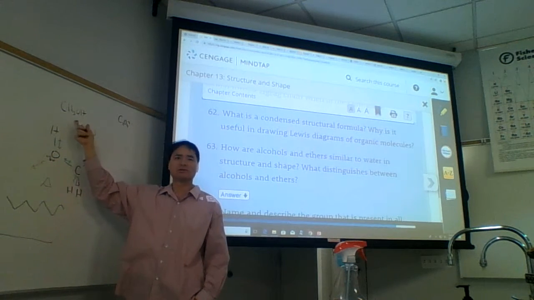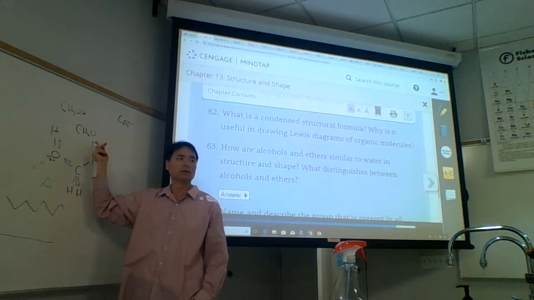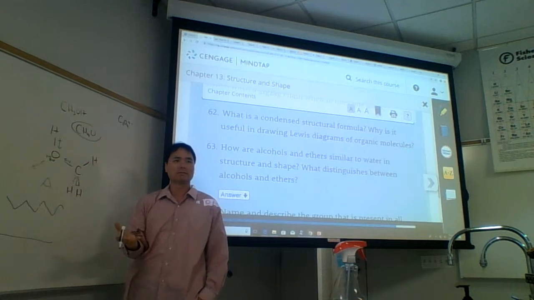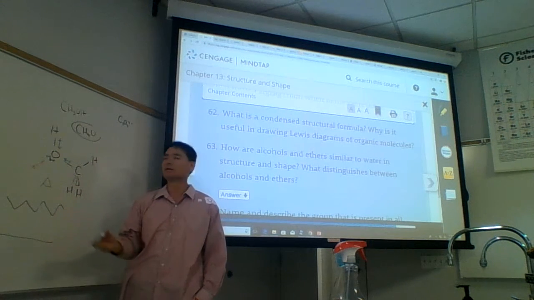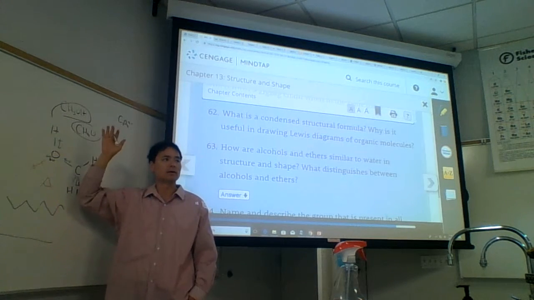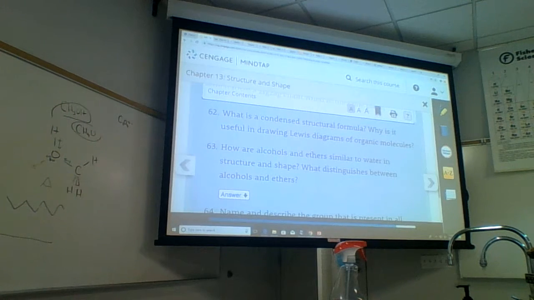When you see CH4O, do you see methanol? No, I don't see methanol at all. But when I see CH3OH, oh, I see methyl alcohol, methanol. So a condensed structural formula will give you clues as to how things are bonded.